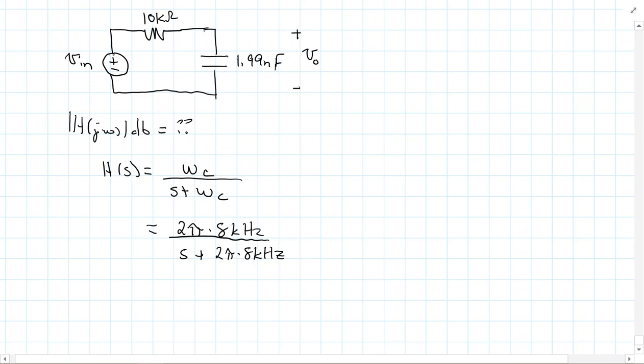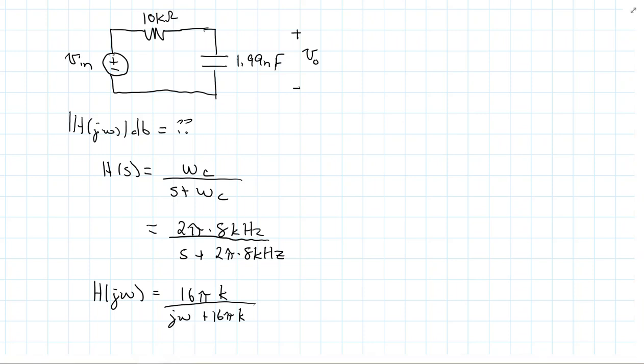Now you could simply write H at j omega is equal to 16 pi k over j omega plus 16 pi k, and then substitute in a value for omega and find the magnitude of it once you do the divisions with your calculator.